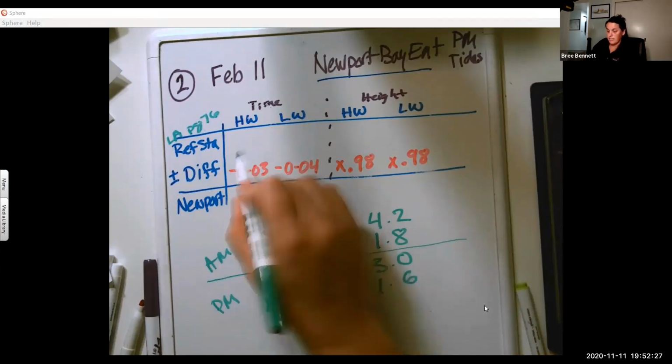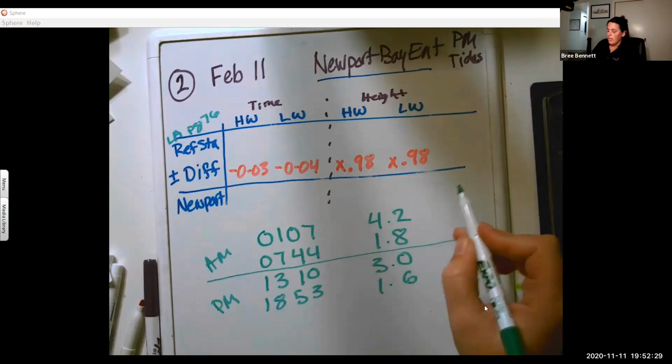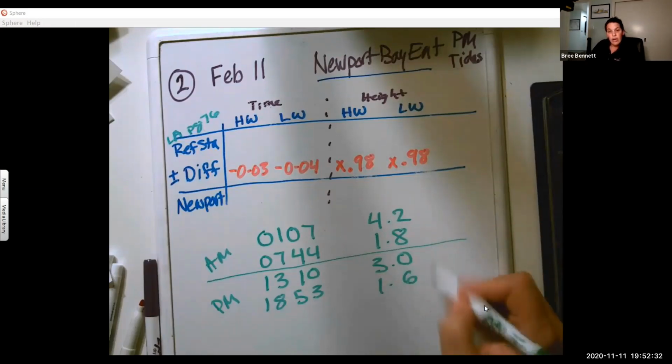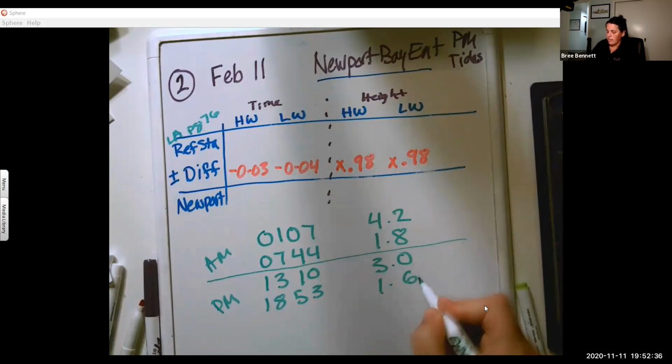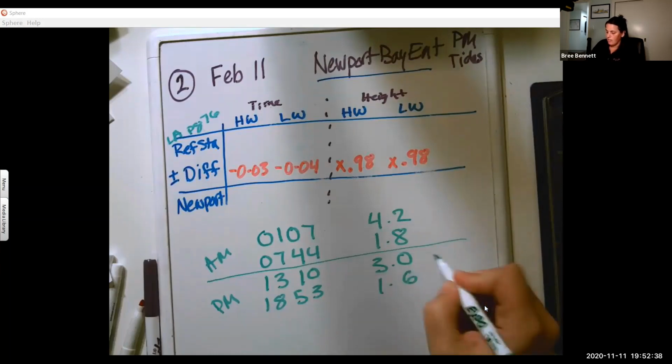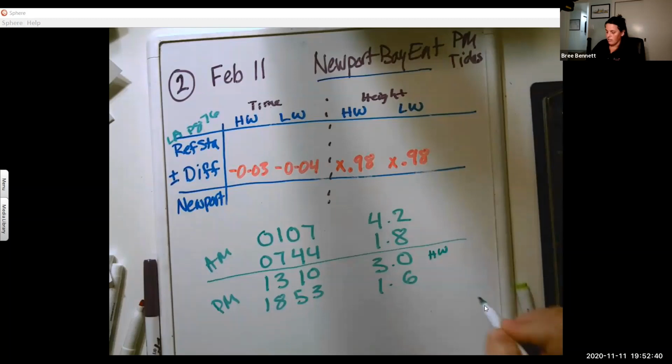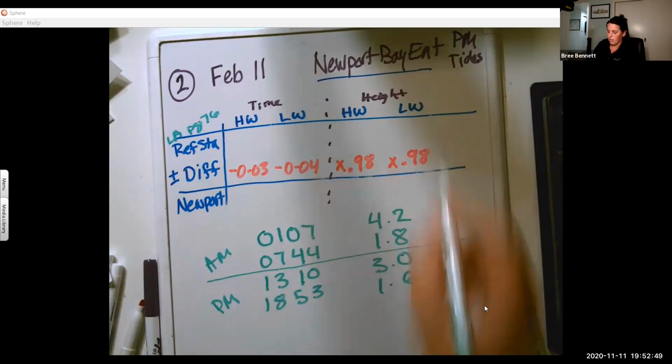So in order to plug it into my little table here, I need to know which one's high water and which one's low water. So I can see from here that my 1310 is high water, my 1853 is low water.